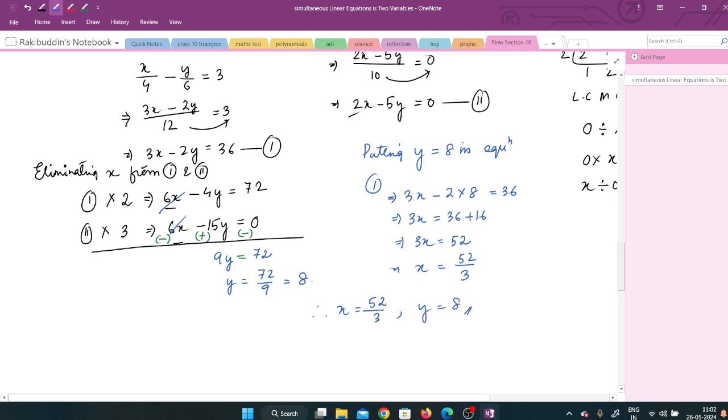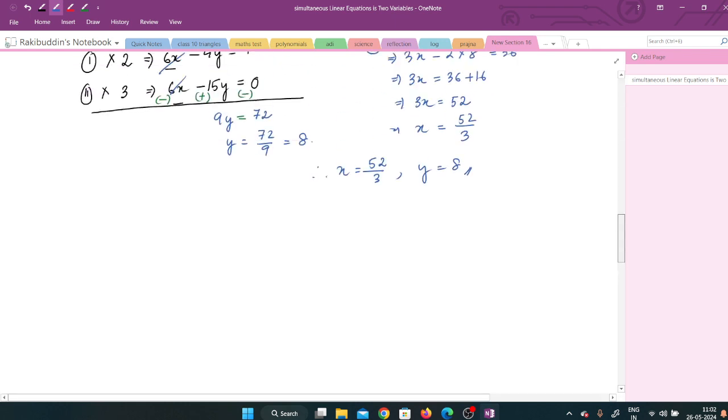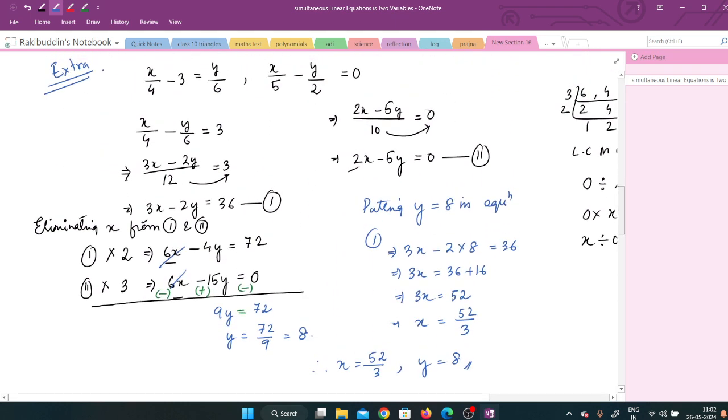Now what you have observed in this question is that these questions were in the form of fractions, right? So students, first you need to simplify it and make it in a simple form so that you can apply the methods easily. Those who don't want to simplify can solve it in the form of fractions only by elimination, but it's always better to keep it simple.